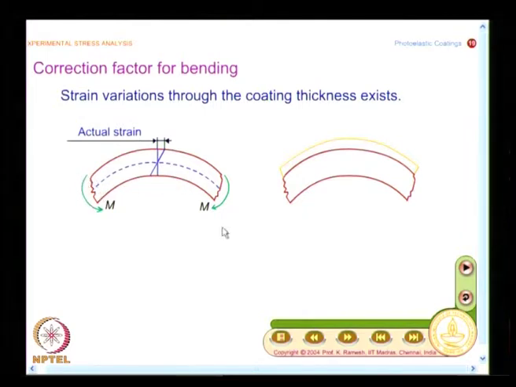For a given bending moment, it would have its neutral axis like this, and strains vary linearly over the depth of the beam. Now, on top of this specimen, I put a coating material. Then this system behaves like a composite beam. And what is the first knowledge in the case of a composite beam?